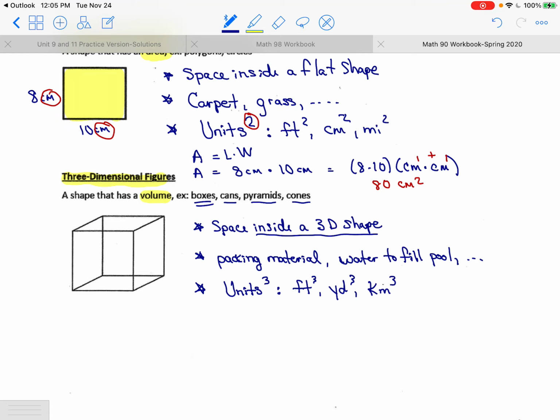And we can easily see this by just labeling these side lengths. If this is the length, this is the width, this is the height, we know that we can always find the area by multiplying the length times the width. That's going to give us this measurement.